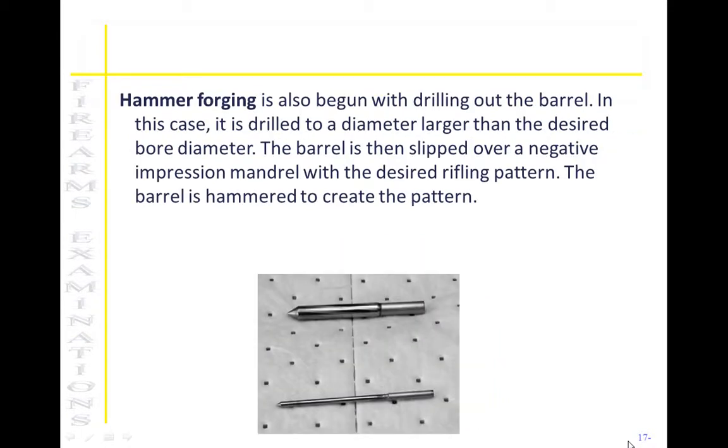Some weapons may be rifled through hammer forging. This also begins with the barrel being drilled out, but then the hammer forging unit is actually put inside of the barrel itself, and the barrel is then hammered to create the pattern.